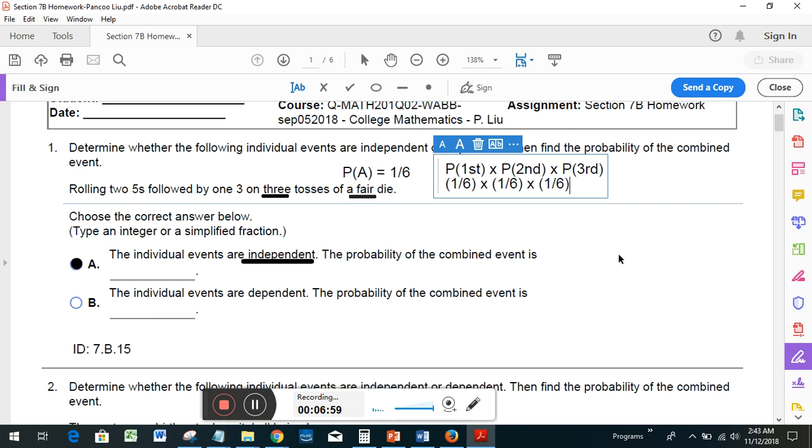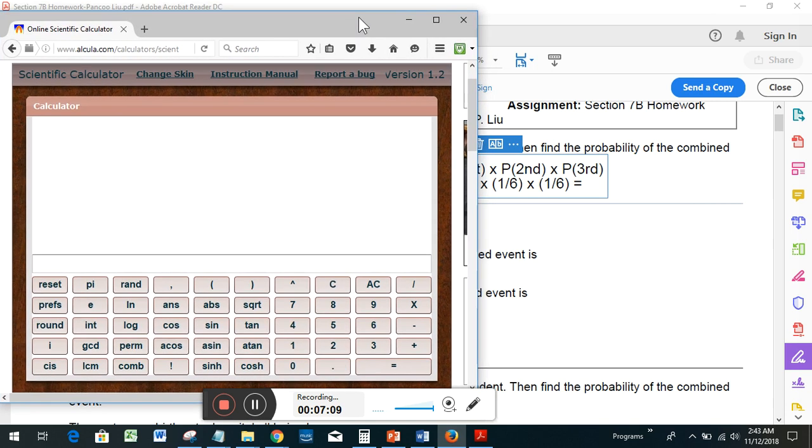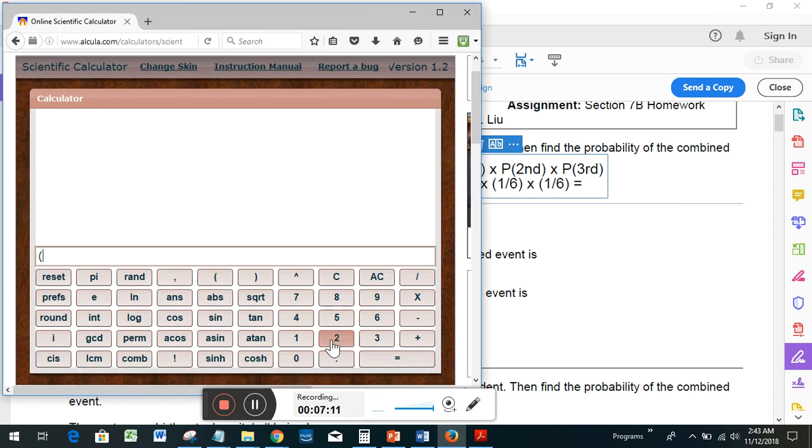So here, they want your answer as a simplified fraction. So let's go ahead and put that into our online calculator. So we have 1/6 times 1/6 times 1/6 equals.